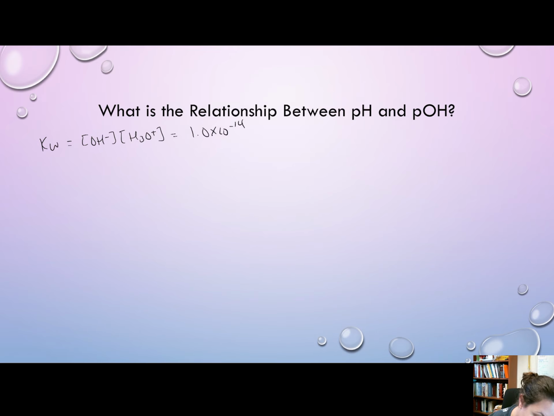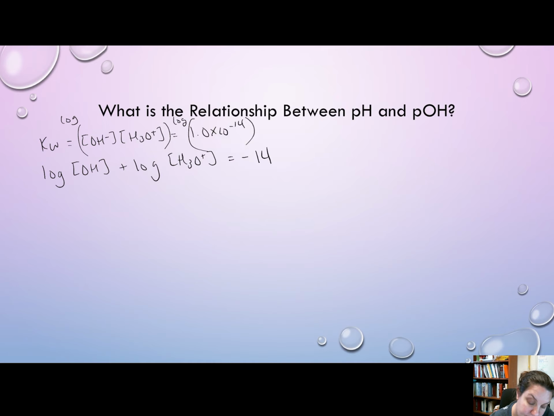And if we take the log of both sides of this, we can get log OH plus log H3O plus gives us negative 14, as log of 1.0 times 10 to the negative 14 gives us negative 14.